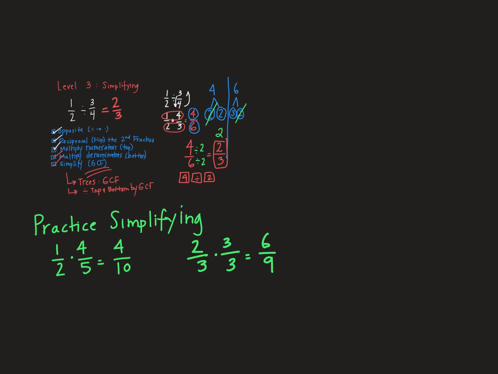And then lastly, when you have 1/5 times 4/6, go ahead and write that down, and you get 4/30. I want you to simplify those, okay? So you're going to simplify 3 fractions right now using GCF.